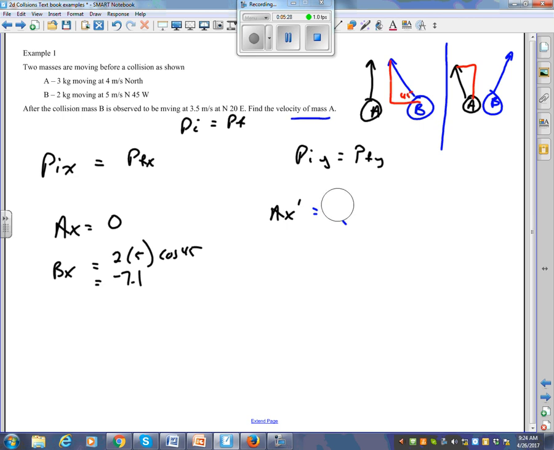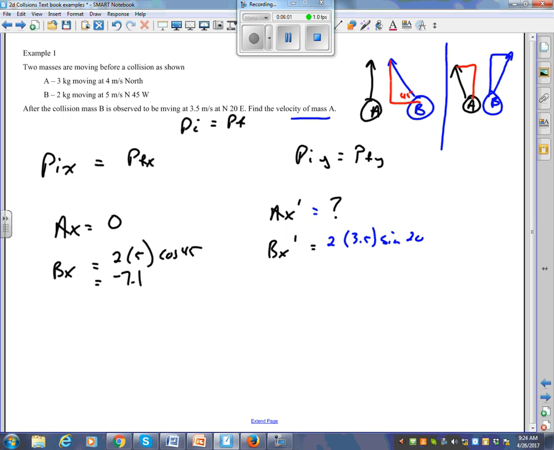In other words, it's a question mark. Don't know it. That's what it says in my notes. You should listen to my notes. B x prime, this one over here. Okay. Again, the x is opposite. B is a mass of 2. After it is moving at 3.5, so 2 times 3.5 times sine, and the angle is 20.